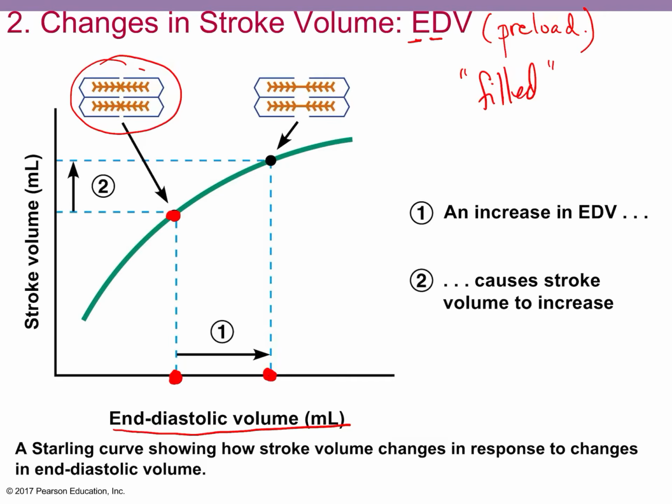And then if you stretch that ventricle slightly, you're going to stretch those sarcomeres out. And that's actually a more optimum length to create a more powerful contraction. So you actually get out more volume when you have more blood in it, to a certain extent.